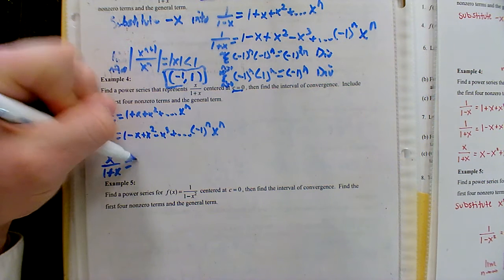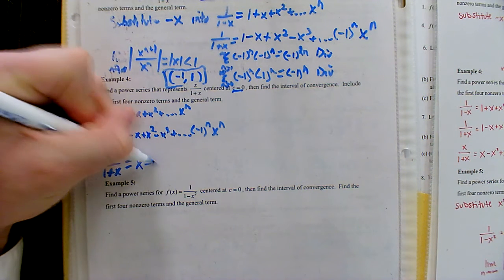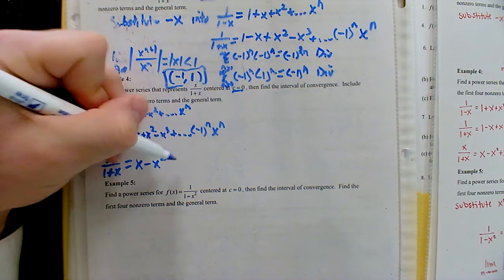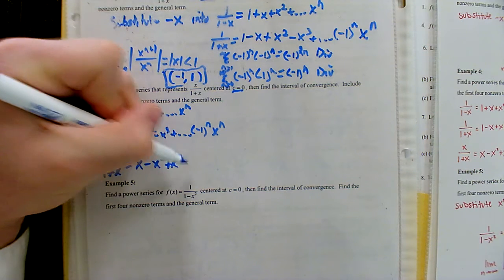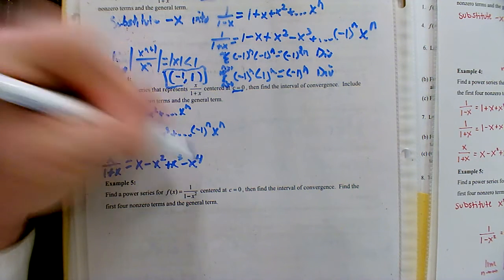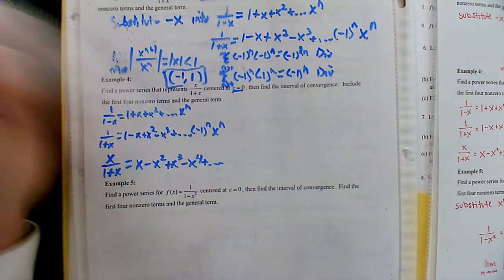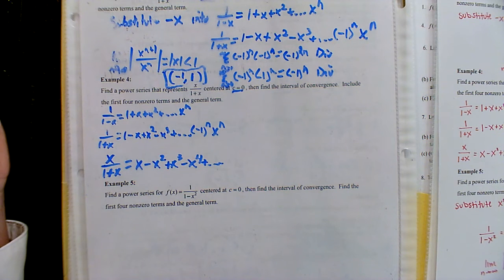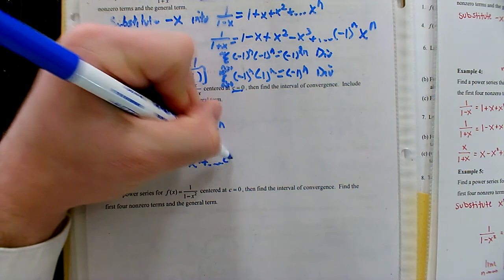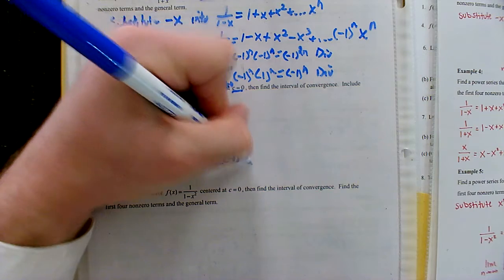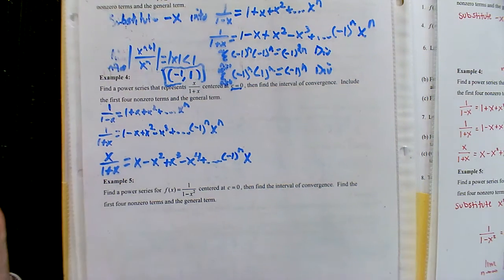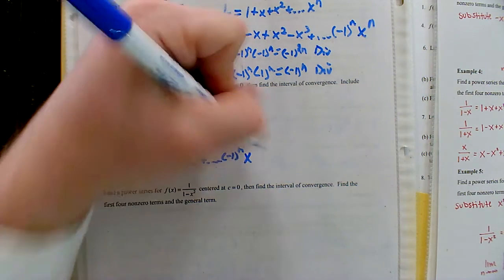So 1 over 1 plus x, multiply everything by x. So x minus x squared plus x cubed minus x to the 4th, dot dot dot. We have an alternator because it keeps going back and forth, so negative 1 to the n. X is going to be to what power? N plus 1.